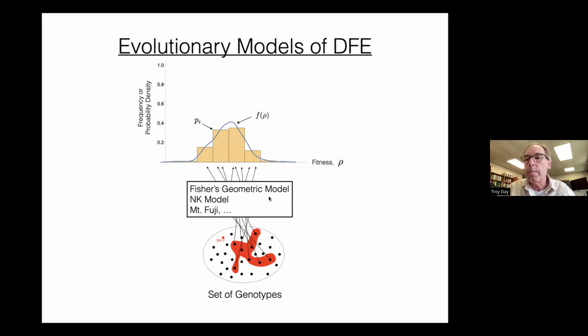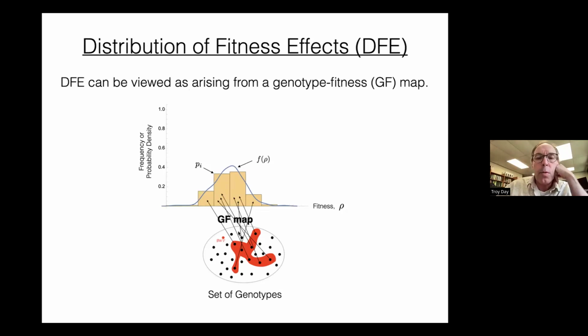But Troy, can I ask a quick clarification question? So I get that conceptually there's a map from the set of genotypes, but don't you need something a little bit more? Don't you need to know something about how accessible all those genotypes are via mutations? Well, that's a good question. The way these studies are done is you start with this one here I've labeled G wild type, and you generate a set of mutations.